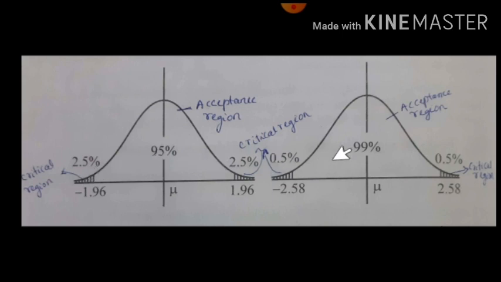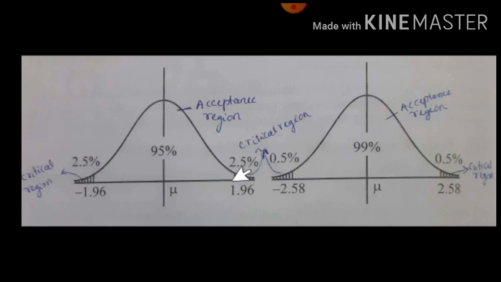In the same way for 99%, I have to reject 1%, so 0.5 on the right side and 0.5 on the left side. The shaded area is the rejection area, called the critical region. We already studied this: the significance level is the level at which you are rejecting the hypothesis, at 1% level here and 5% level as we discussed.